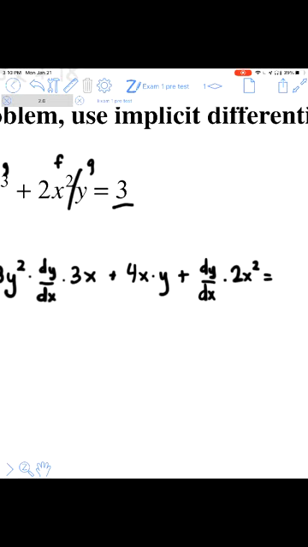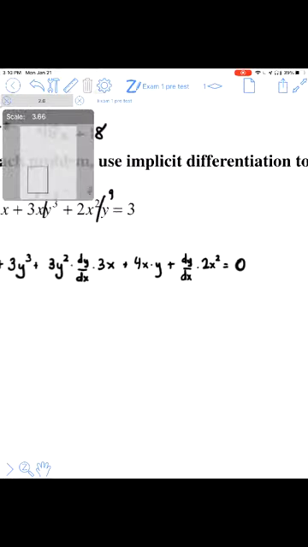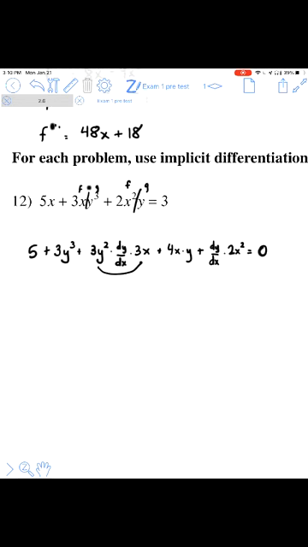Now we move on to the derivative of the expression after the equal sign. The derivative of 3 is 0. So I'm going to multiply those two together. The 3y squared and the 3x is going to give me 9xy squared dy dx.